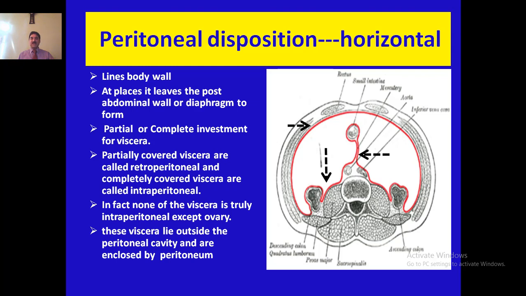As shown in this diagram, these are called retroperitoneal, whereas a loop of gut is completely invested by the peritoneum, so we call it intraperitoneal. But the fact is that this loop of gut is enclosed by the peritoneum on all sides. It is not truly intraperitoneal.